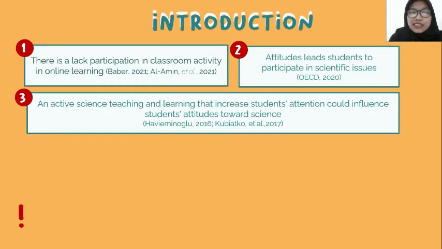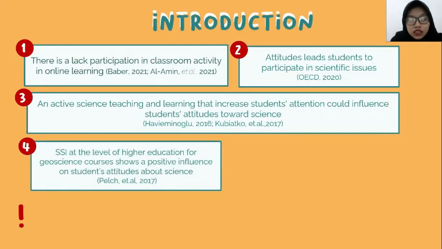So in science teaching and learning, we can use a learning approach, and one of them is socio-scientific issue. Based on previous study that applied socio-scientific issue at the level of higher education in a science course, it shows a positive influence on student attitude about science.